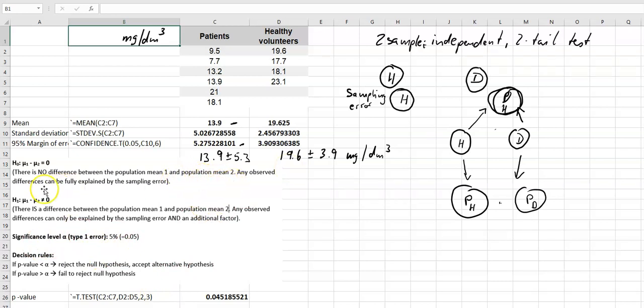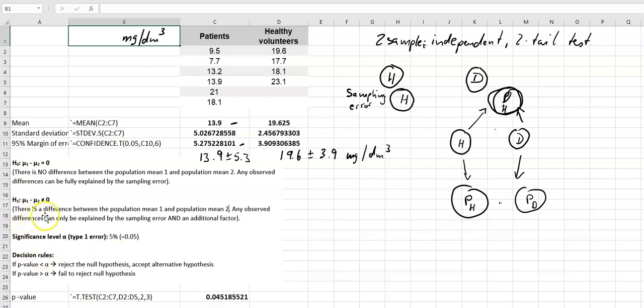2, and any observed difference that we see between the two different samples can be totally explained simply by sampling error. The alternative hypothesis, H1, would be that population mean 1 is not the same as population mean 2, so population mean 1 minus population mean 2 is not equal to 0.